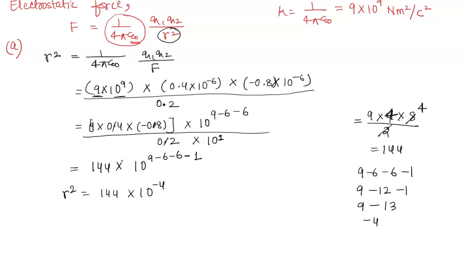Now on the left hand side we have a square term, so we take the square root of 144 into 10 to the power minus 4.